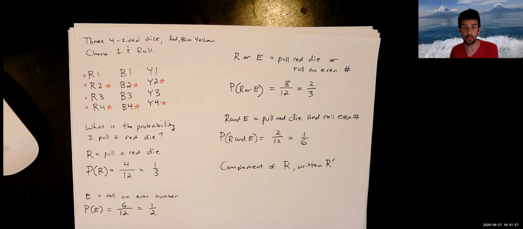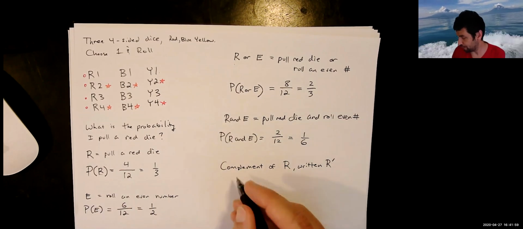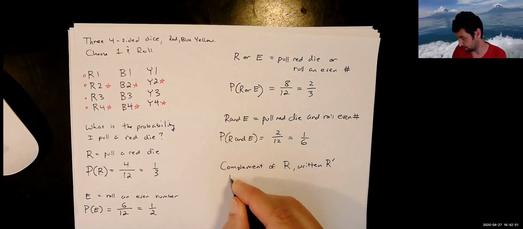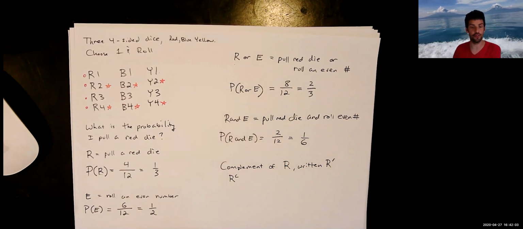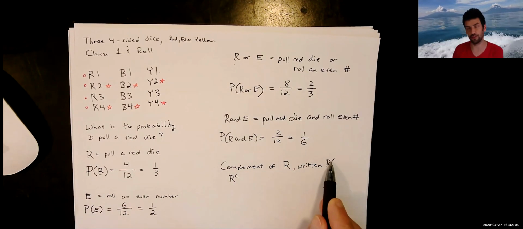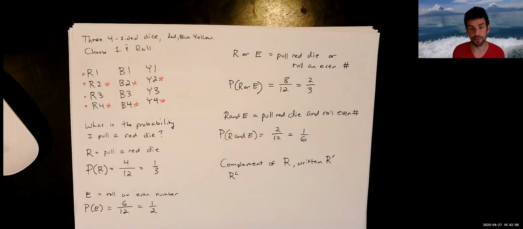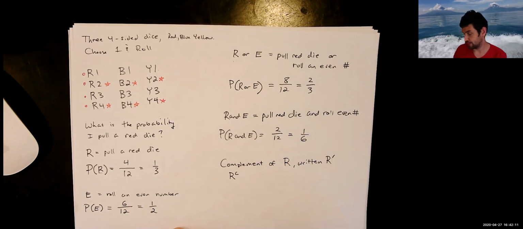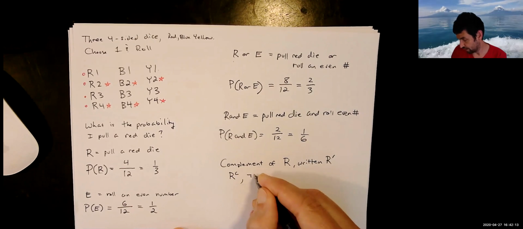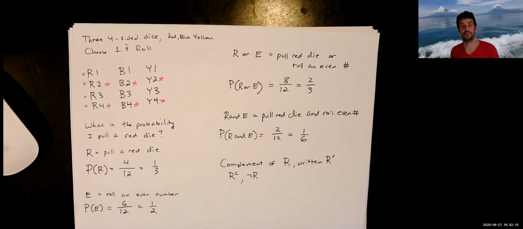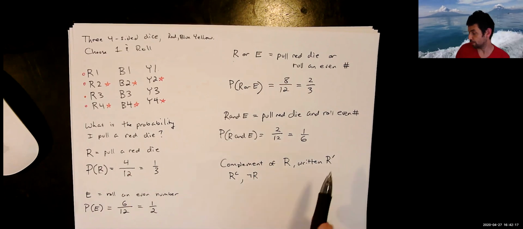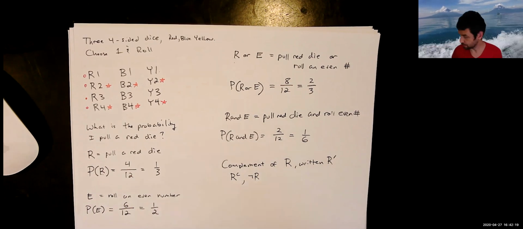Sometimes people say R prime or not R. There's a few other notations. You'll probably see me use this. I've used this one in the past. I'll try to stick with this one. I think this is what the book uses mostly, but I'll probably slip up and use that a couple times, R complement. Or you'll even see this sometimes, this little not symbol. But I'll try to stick with this one.